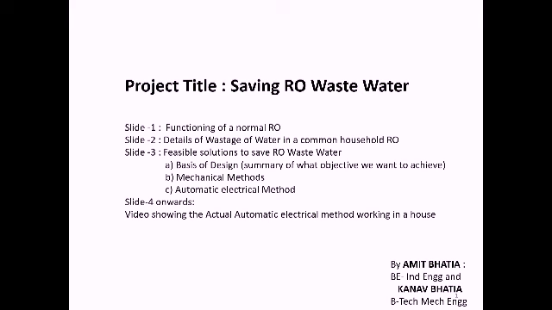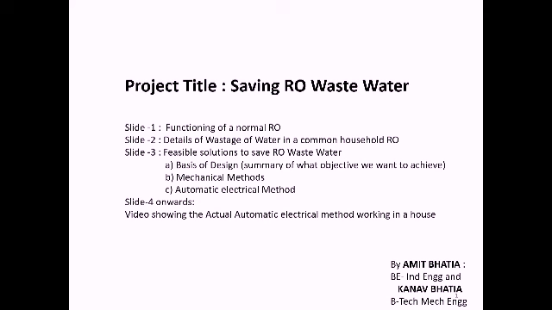And before showing you the video for the actual automatic electrical method working in a house, we have also prepared a small slide consisting of only the electrical circuit of the RO system and the overhead tank for the storage of RO wastewater, so that you understand it more clearly.